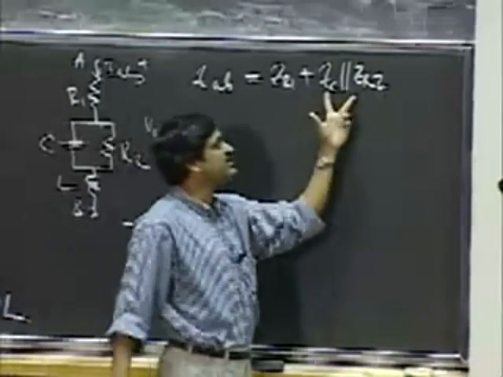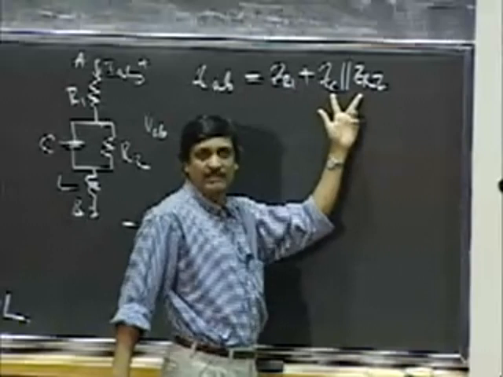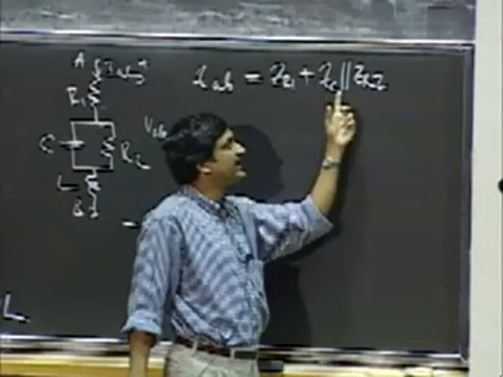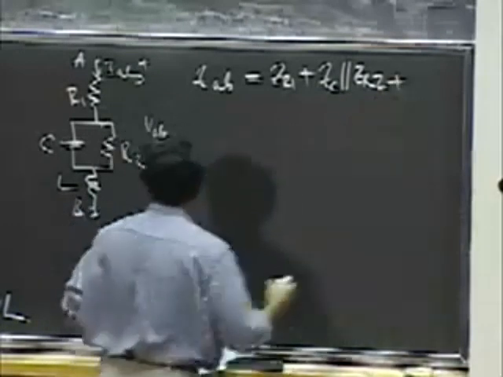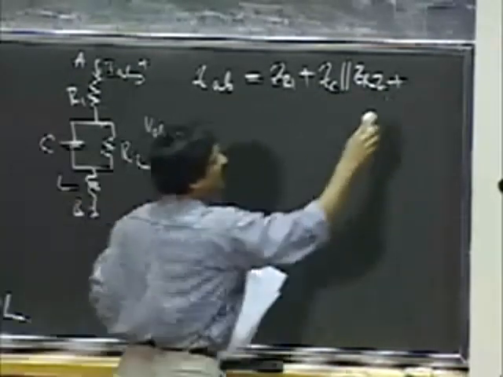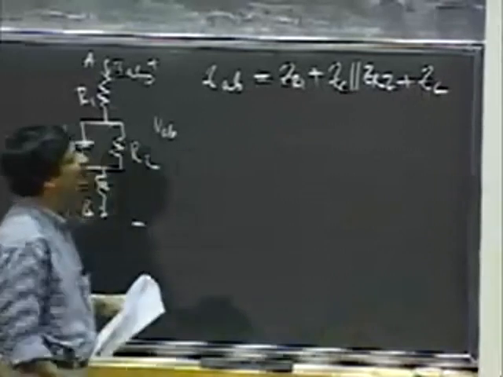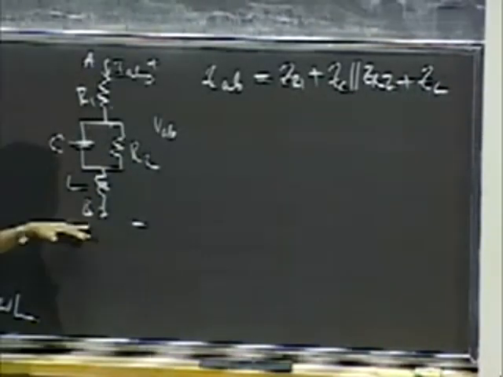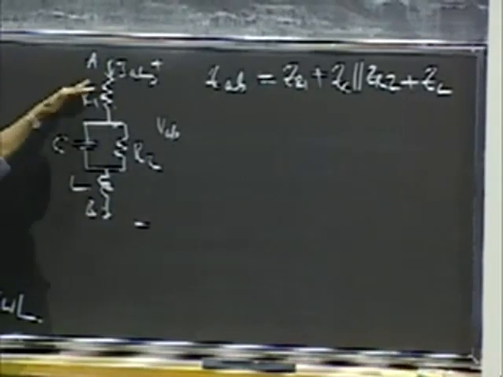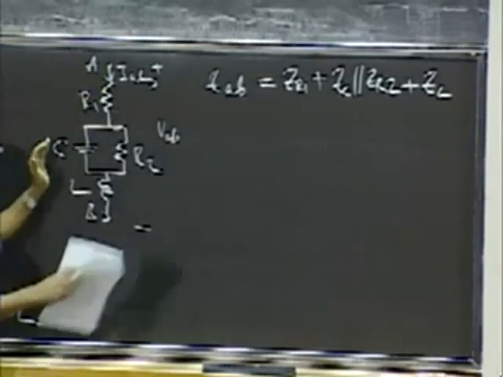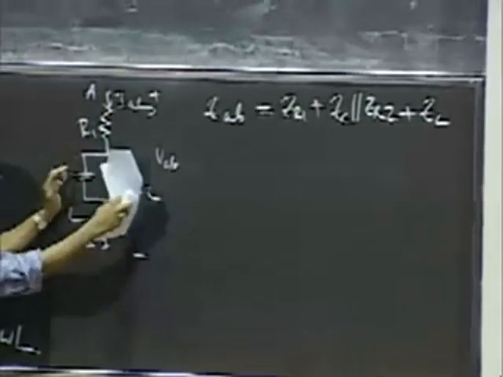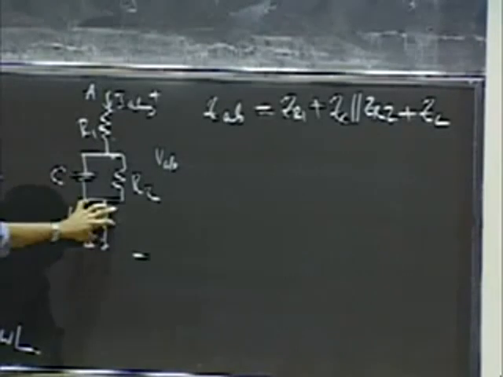Notice that this notation simply says to look at the impedance of the capacitor in parallel with a resistor. And then finally, I add to that the series impedance of the inductor, ZL. Okay, exactly as you would have done for resistances. If all of these were resistances, you would have said R of this piece plus the R of the parallel combination plus the R of whatever was here.